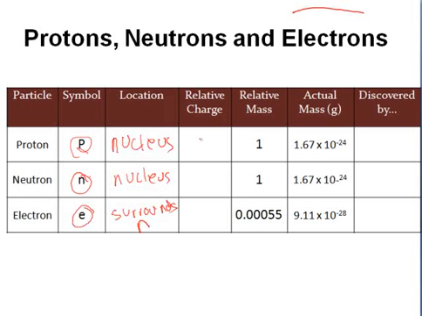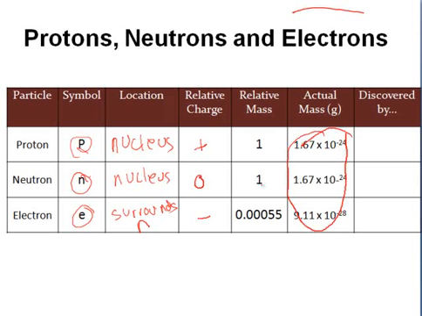The proton has a plus charge, the neutron has a neutral charge, and the electron has a negative charge. Now, if we look at the actual mass of each of these particles, sorry about that circle, you would say that they look in the same ballpark. But if you compare the relative mass, and let's make the proton equal to 1, the neutron has almost exactly the same mass.